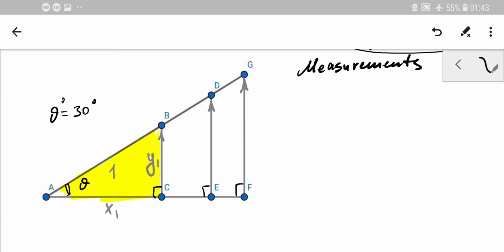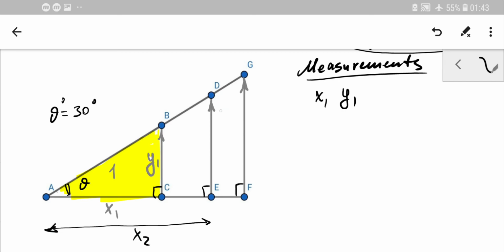Okay, so try to measure the size. First we need to measure x1, y1. The next couple is the bigger one, from here to here, that's x2, and also DE is going to be y2.